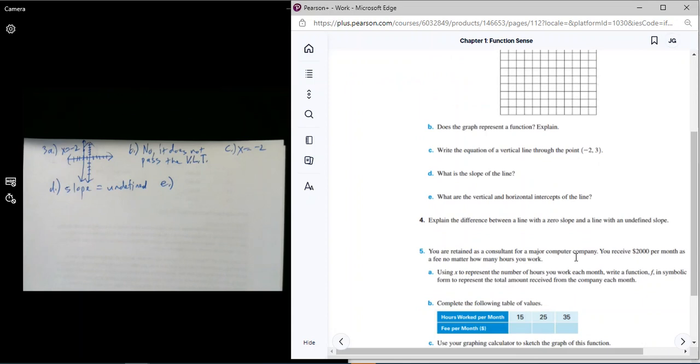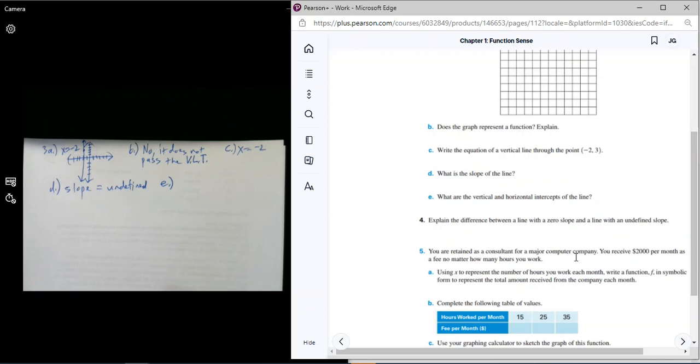It says, what are the vertical and horizontal intercepts on the line? So we know the vertical intercept, and we see that vertical line that we had here, the slope was undefined. And then the horizontal intercept, we're going to figure that out.